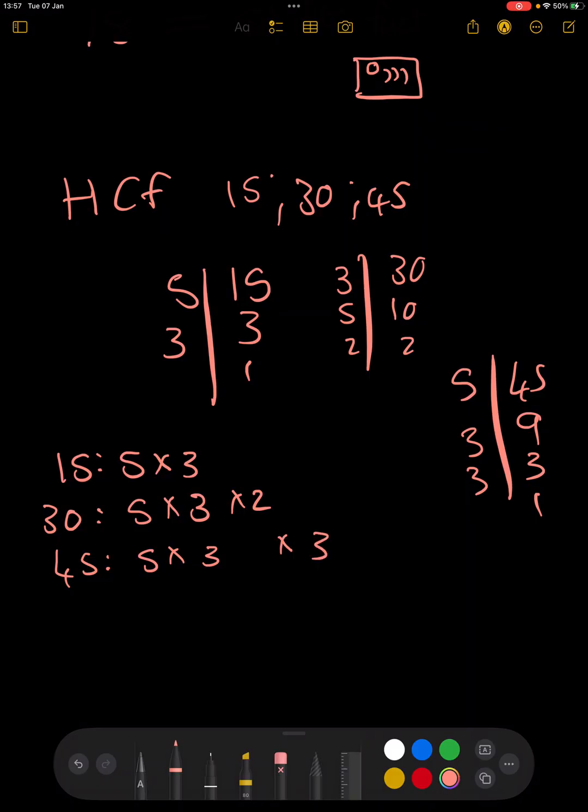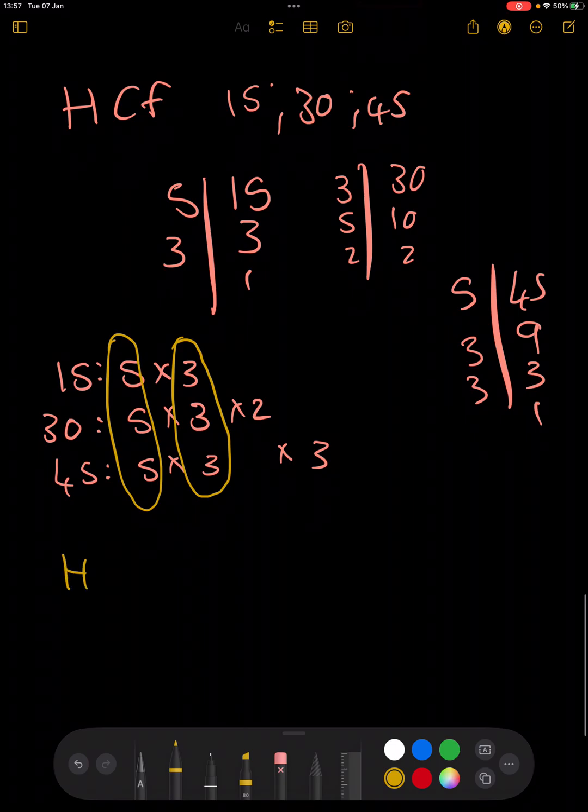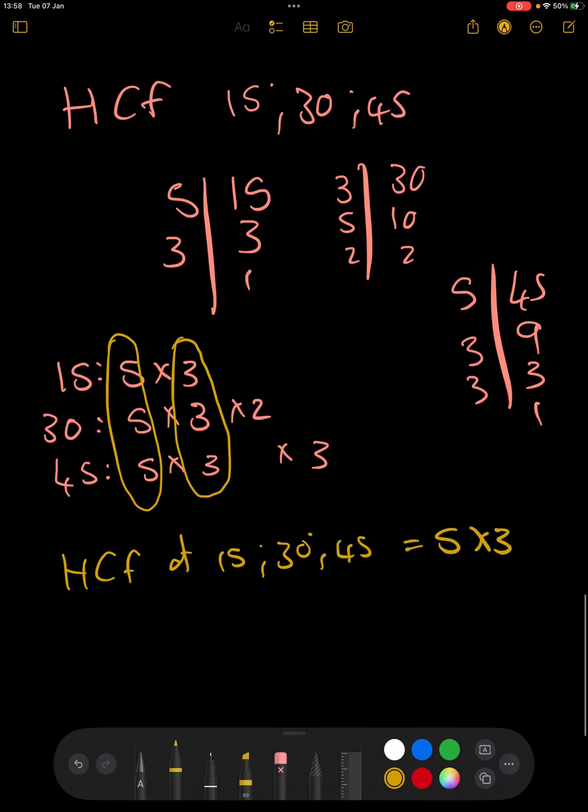Right, now I have to go and make the groups. So all 3 of them have a 5 and all 3 of them have a 3. Therefore, the HCF of 15, 30, and 45 would be 5 times 3, which is equal to 15.